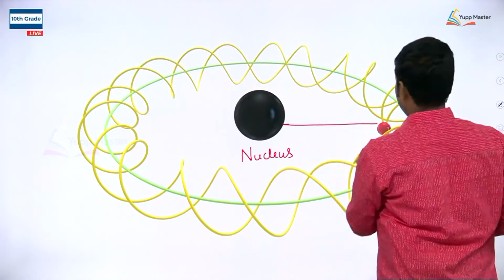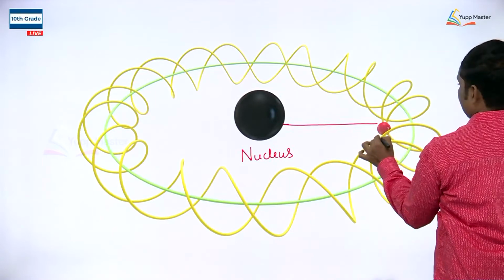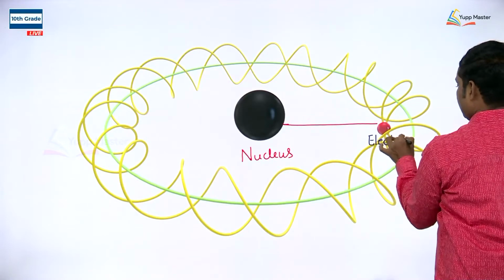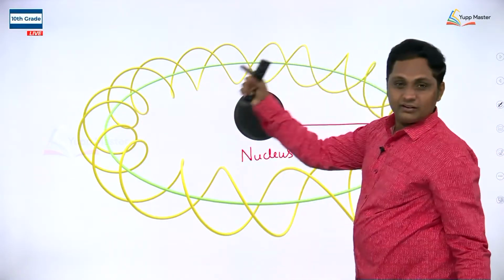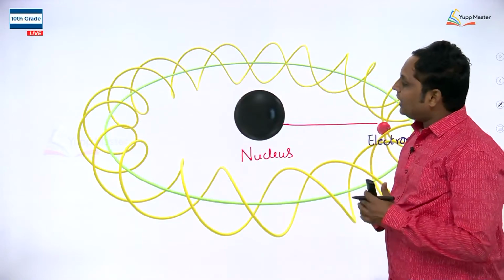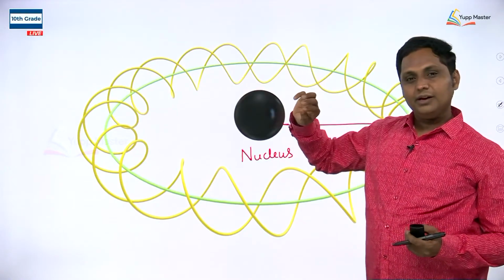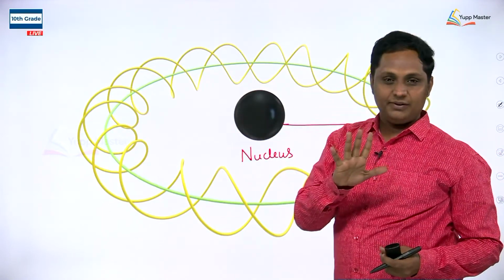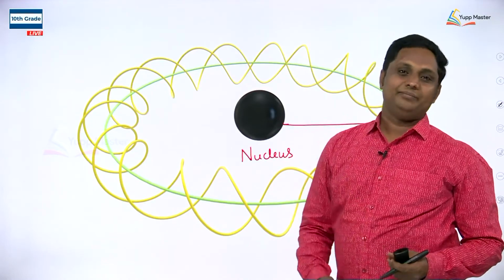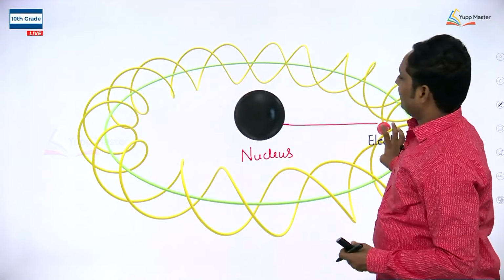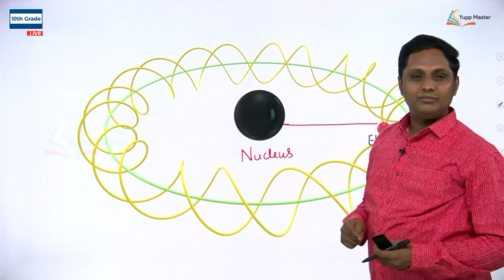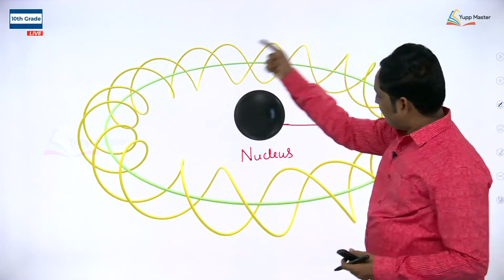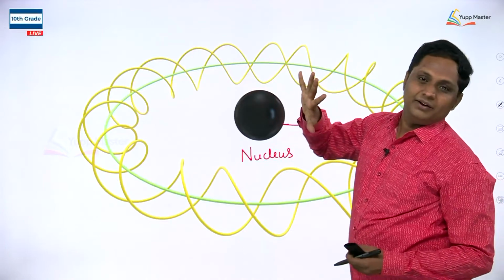This is the nucleus, this is the electron. It revolves in its path, and while it is revolving continuously, it has to exchange energy for stability. Stability means how long the electron stays stable in this path without losing energy.